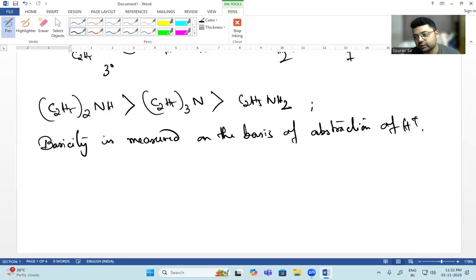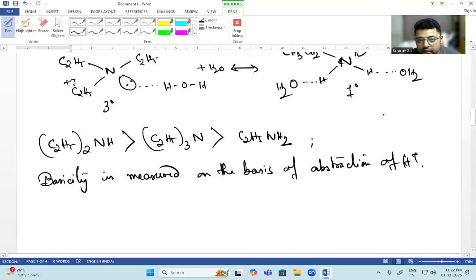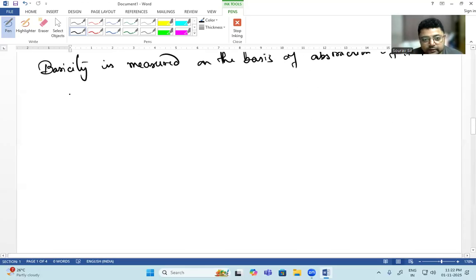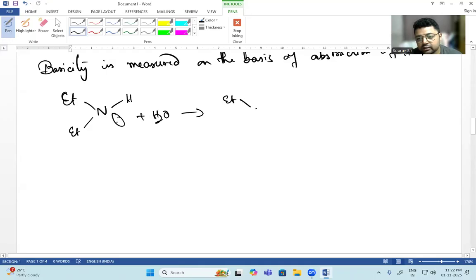Here I am drawing it again. If you have Et, where Et means ethyl, and H, the lone pair and water, you get Et and H with a positive sign here.